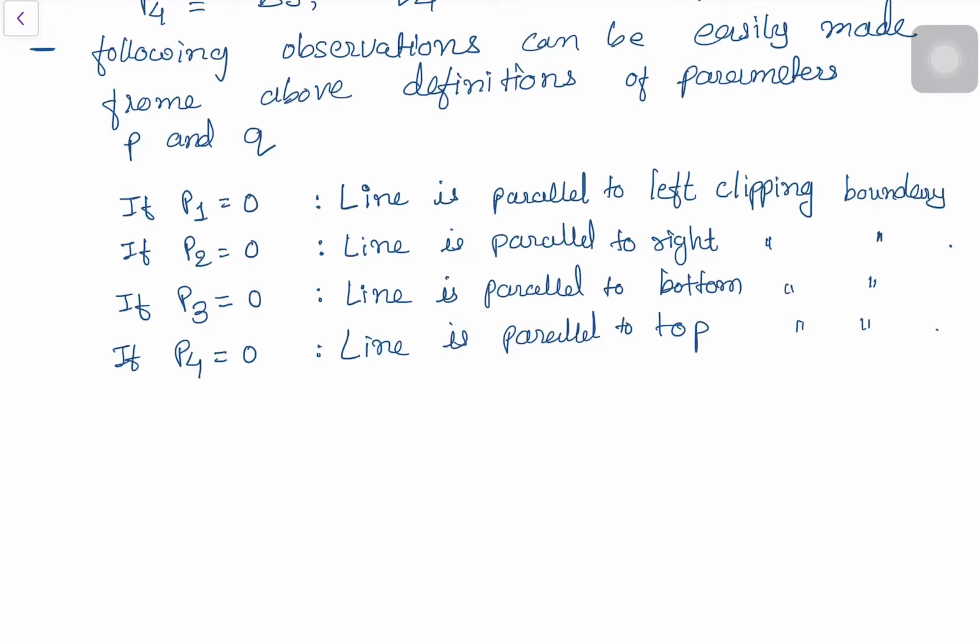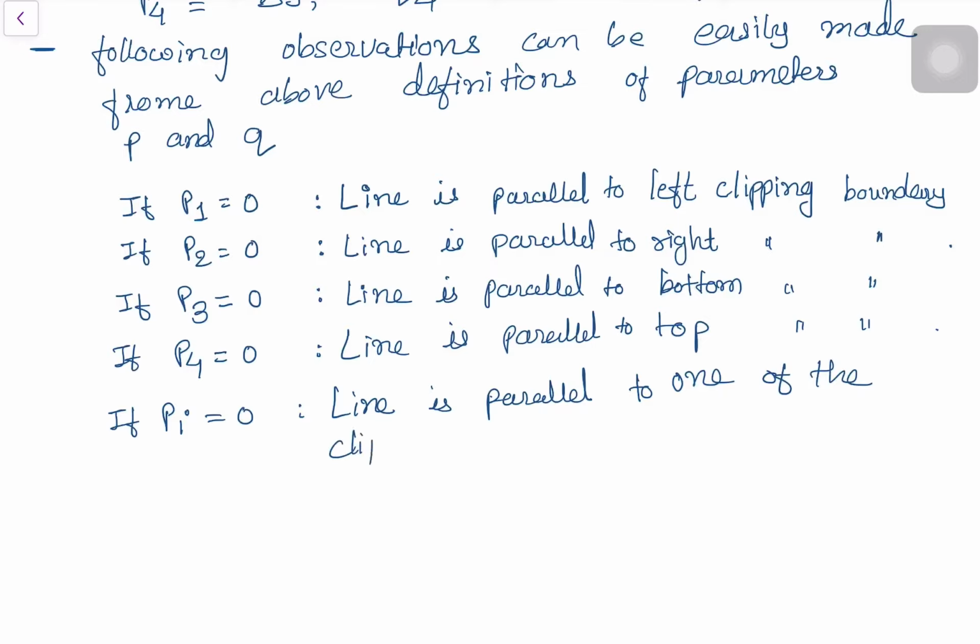Clear? Now, if pi is equal to 0, then the line is parallel to one of the clipping boundaries corresponding to the value of i.